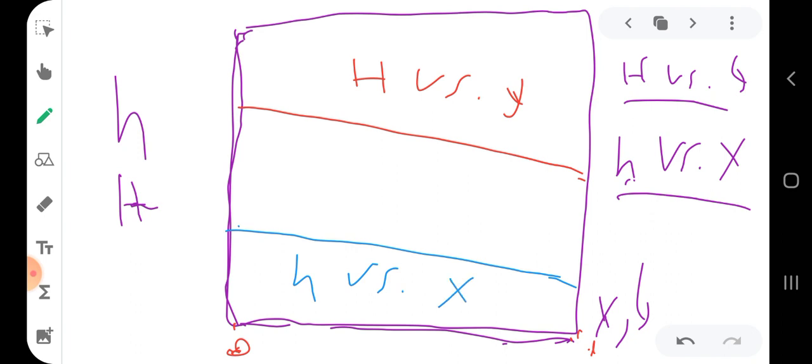And always the enthalpy of the liquid will be below the enthalpy of the vapor. Why? Because vapor has a higher enthalpy. Why does vapor have a higher enthalpy? Because you need to heat to go to the vapor phase. If you have a substance in the liquid phase, you need to heat it up in order to go to the vapor phase.